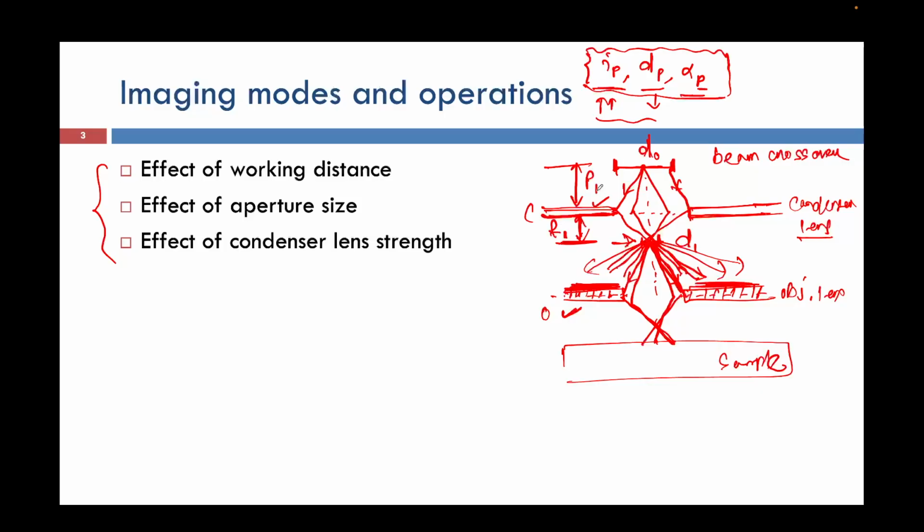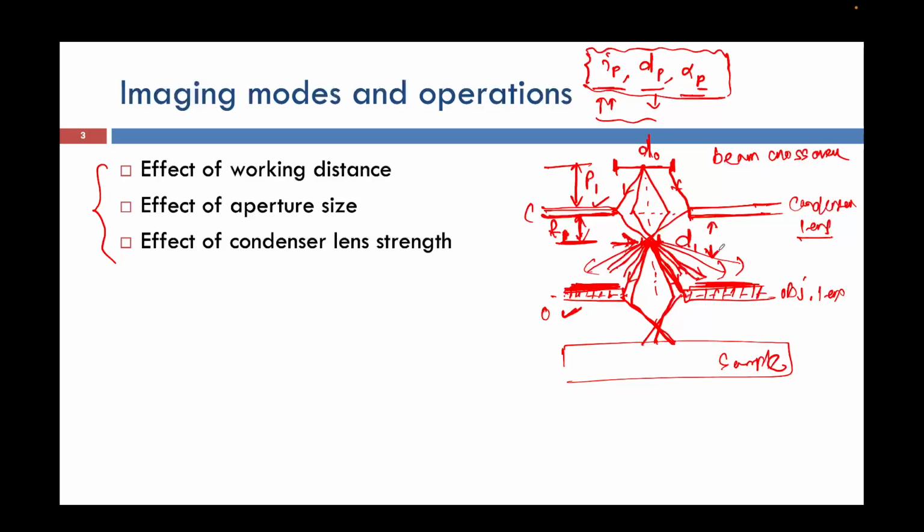But then what will happen? Here the image will be formed, right? But it is not necessary that all the rays will be accumulated on the plane of f1. Why? Because there will be some rays focused above f1, and there will be some rays focused above this focal plane, and there will be some rays which will be focused below the focal plane.